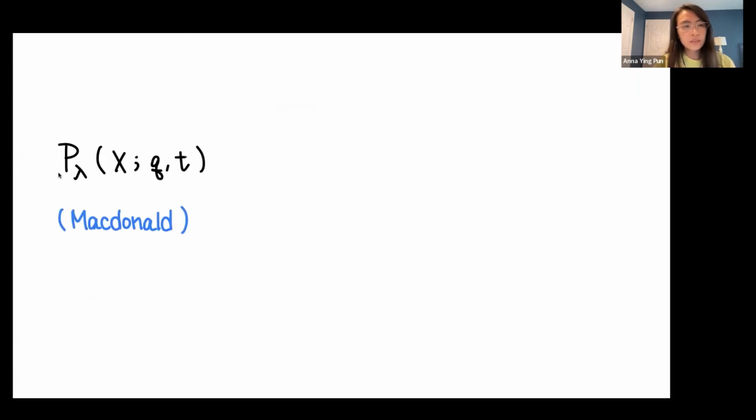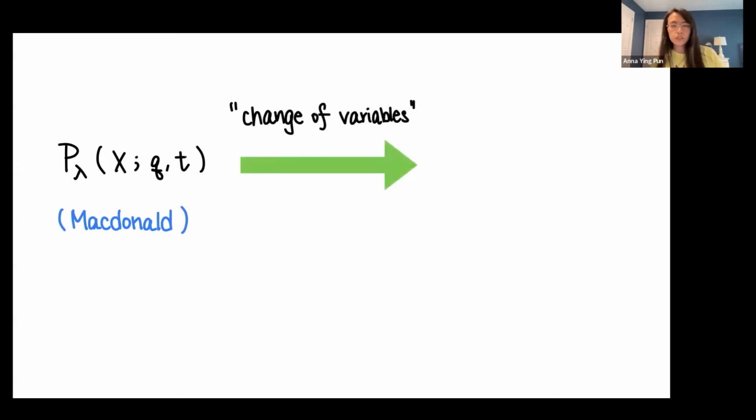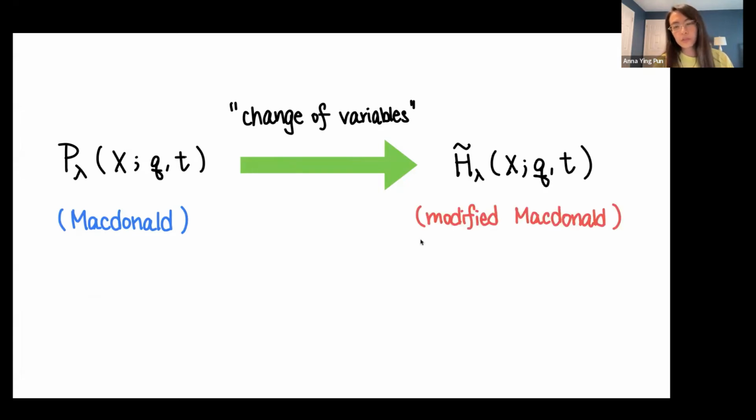Now, this is the Macdonald polynomial that I give you, so that's the original definition. If you do some kind of change of variables, plethysm, you will get something called the modified Macdonald polynomial. And why do we care about this?